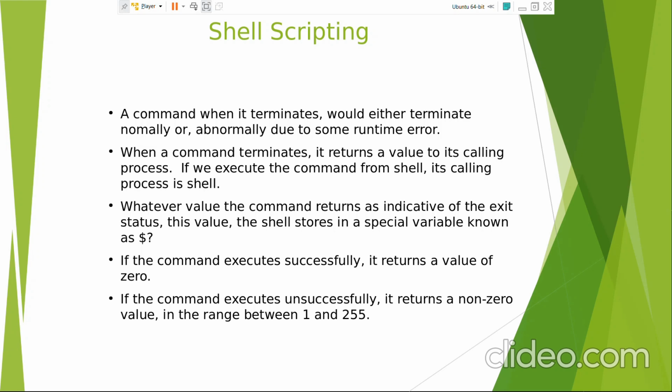Then the command would return the value to the shell. The shell is going to take the control back from that command. At that time, it would receive the exit status of the command, and the shell is going to store it in a special variable known as $?. So this is all about the exit status of the command.